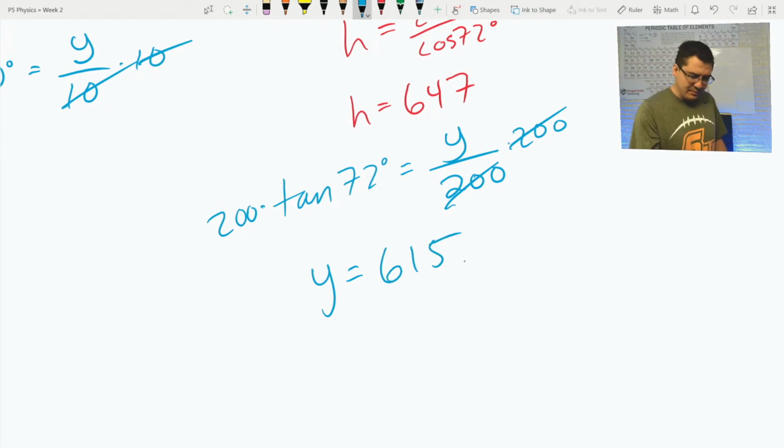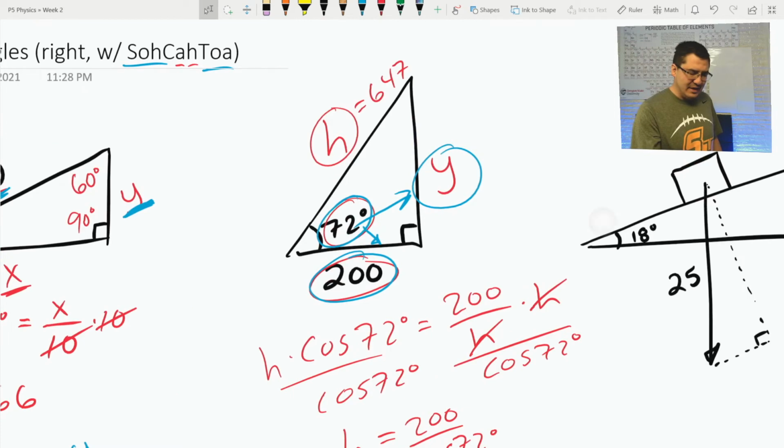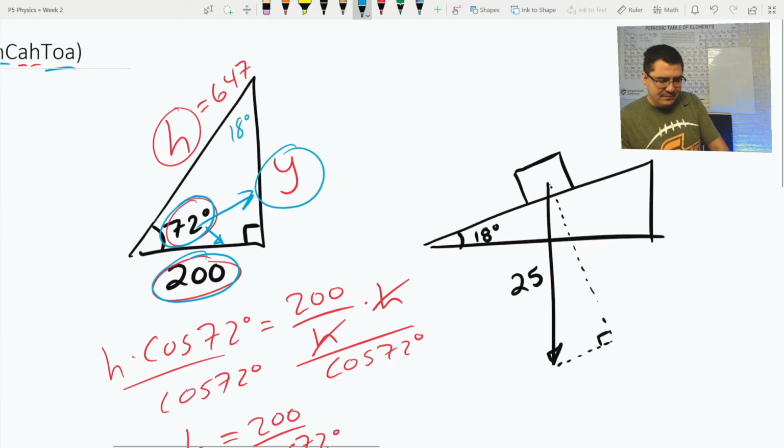That's 615.5, or 616. And then that missing angle you need to just subtract to find. So I've got the two missing sides. The missing angle would be 90 minus 72. So what is that, 18? And we've got that. All right.